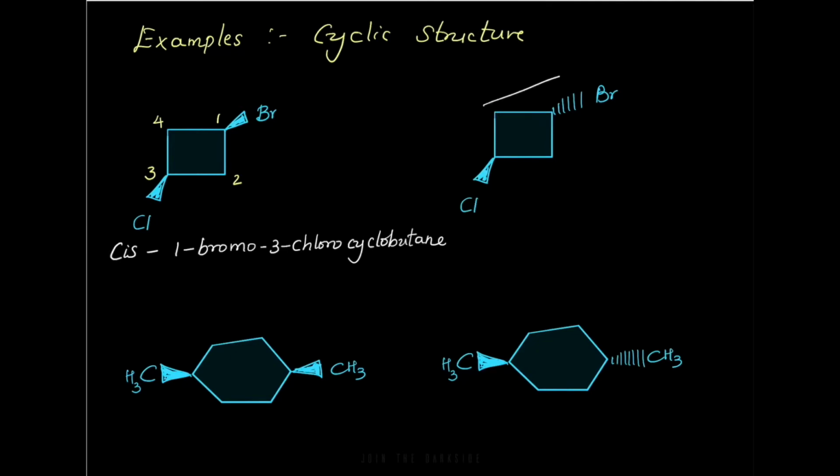So this is going to be exactly the same compound, but the only thing that differs is the orientation of the different atoms. So here the numbering would be exactly the same, but the only thing that changes is the configuration, which is going to be trans. So again, 1 bromo, 3 chloro, cyclobutane.